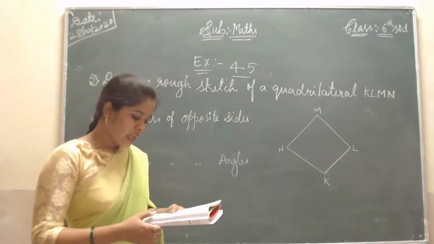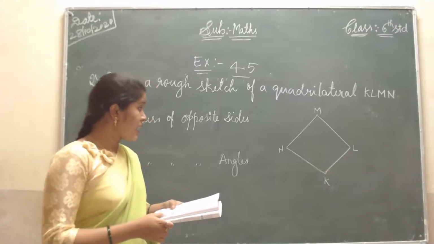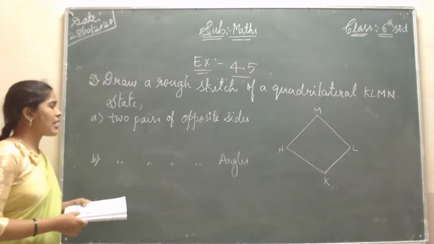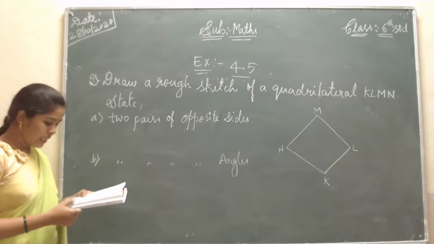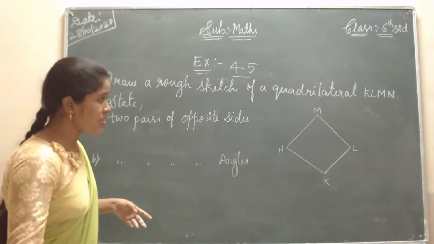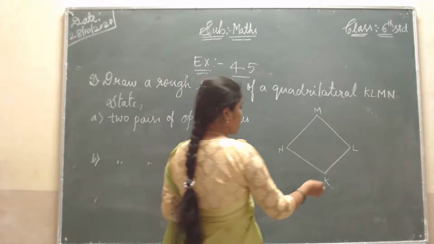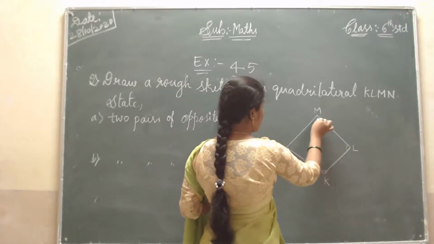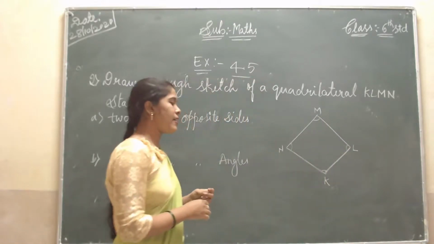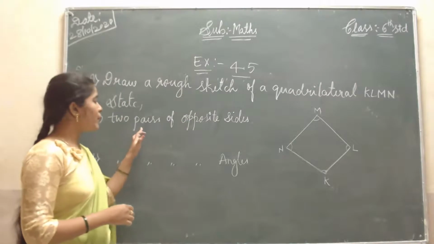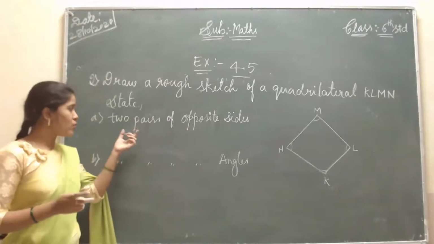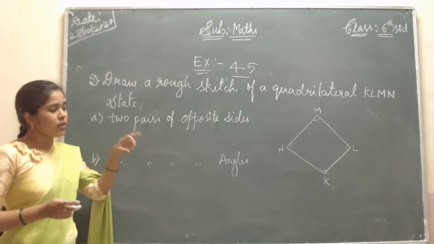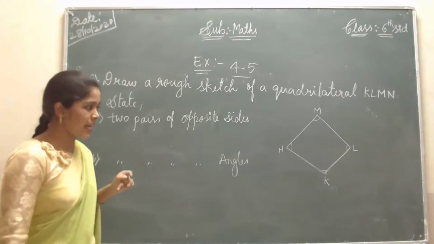We have to name it K, L, M, N. And state first in A, two pairs of opposite sides. I already explained what is an opposite side or opposite angle. Two pairs means two jodi.